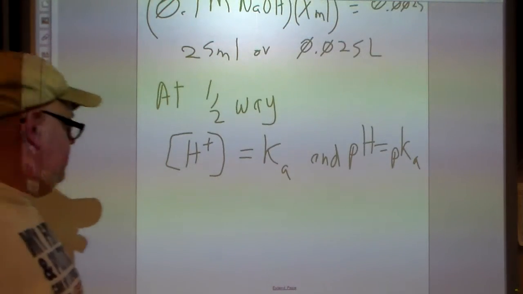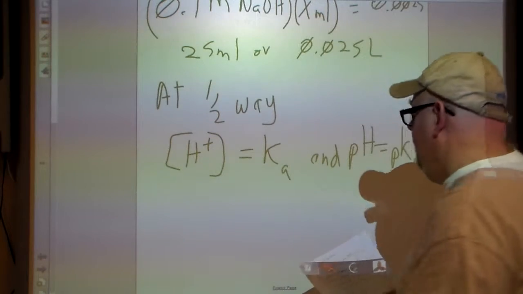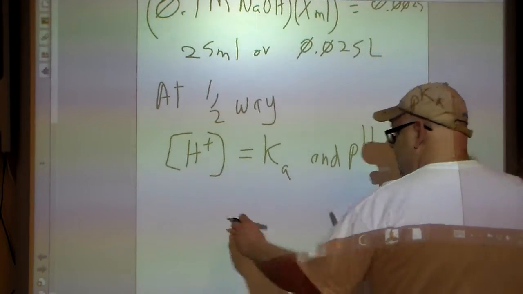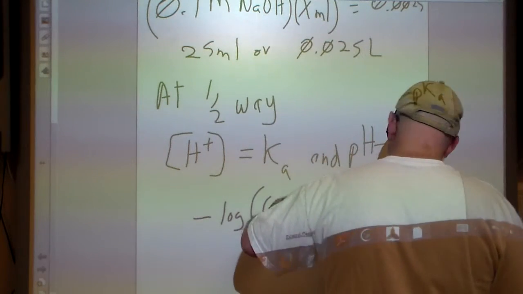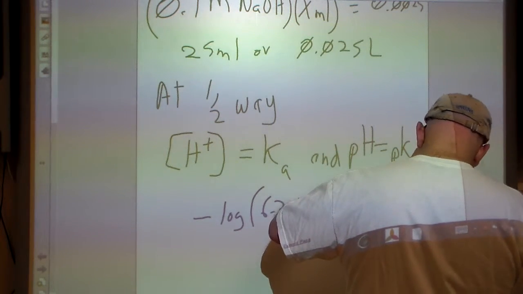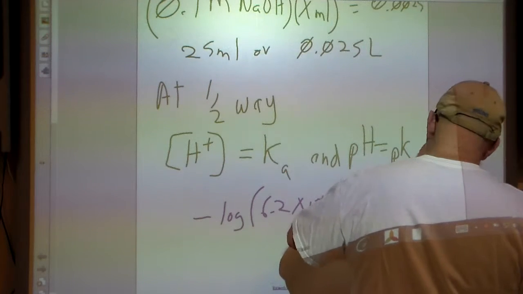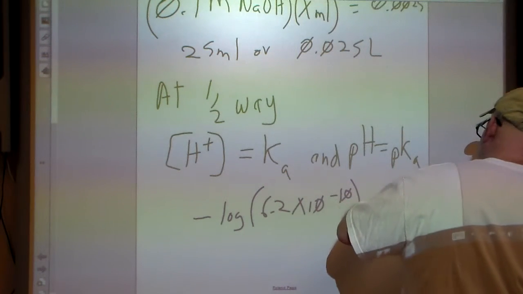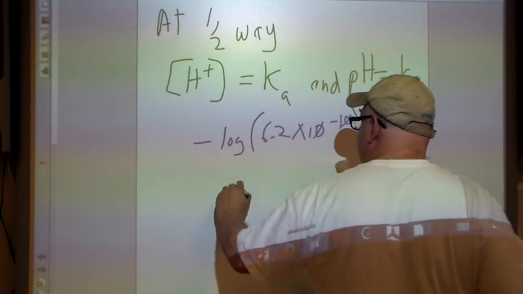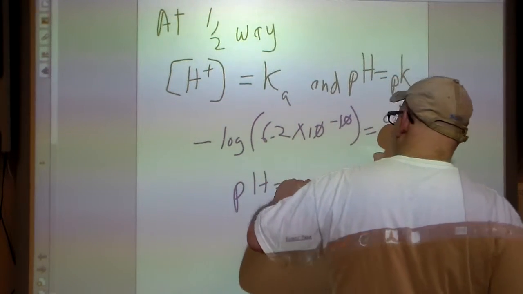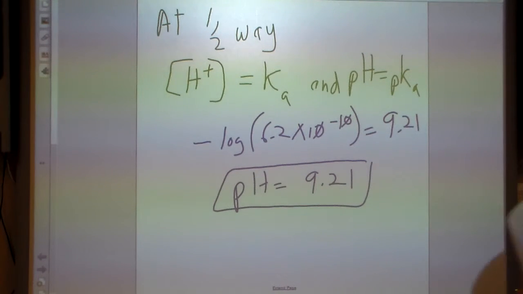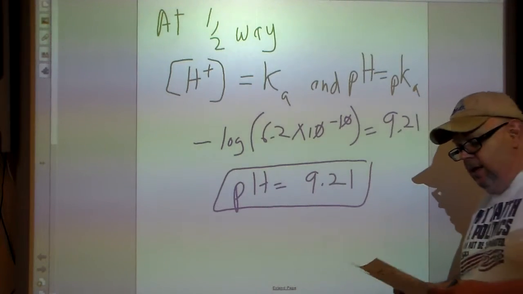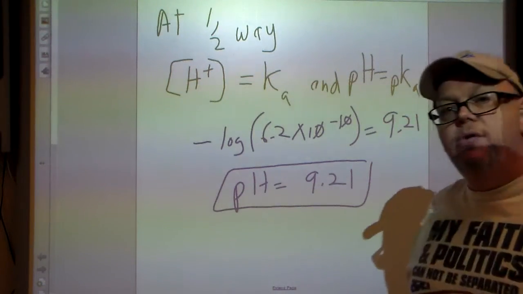So we can go ahead and say negative log of 6.2 times 10 to the minus 10 is equal to 9.21. So thus our pH is equal to 9.21. So we are at the halfway point. The pH has gone up a little bit as a result.